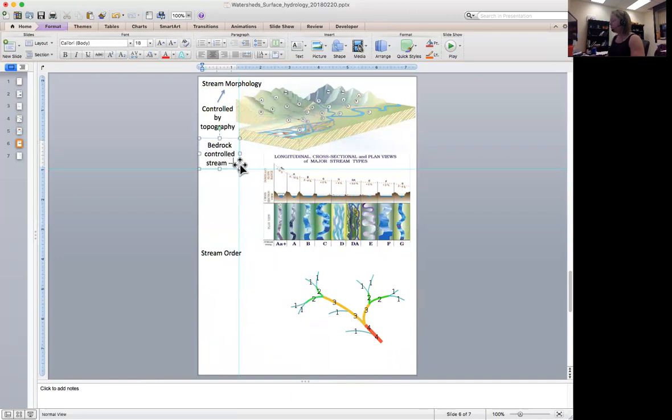These tend to be deep streams. They are considered straight streams, and the water moves really fast through them.